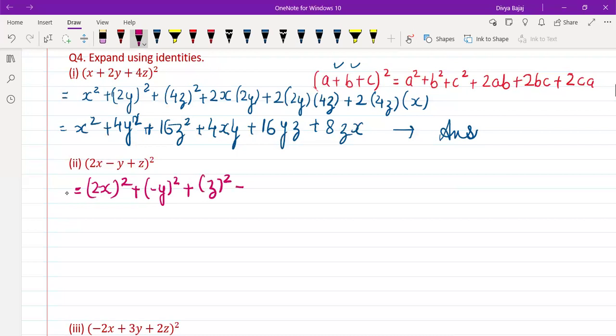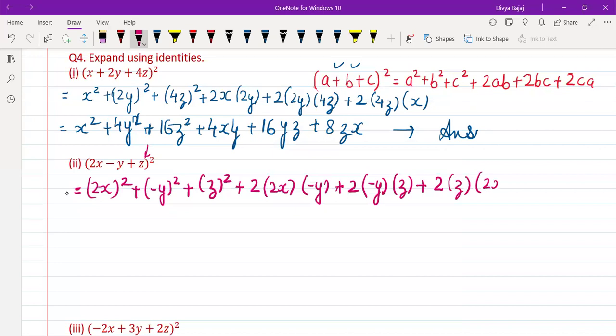Now let's do the next, 2 times a and b. a is 2x and b is minus y, plus 2 times bc. b is minus y and c is, sorry, z. Now let's go for the last term of the identity, 2ca. c is the last term, z, and a is the first term, which is 2x.